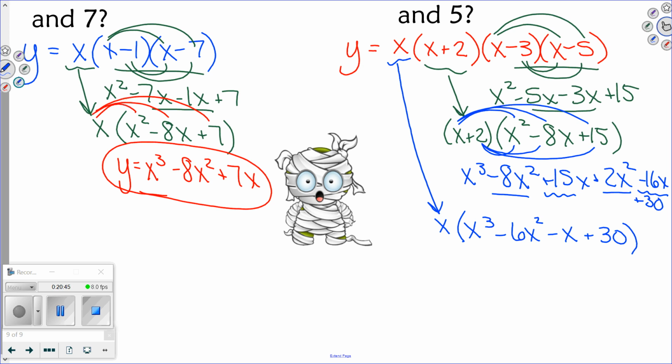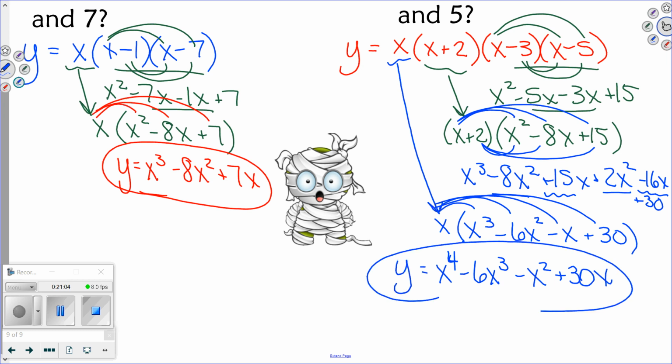Yes. If you don't like him, yeah, I mean. All right, so we distribute here, x to the 4th minus 6x cubed minus x squared plus 30x. And there we be.